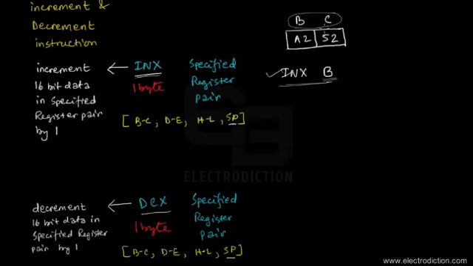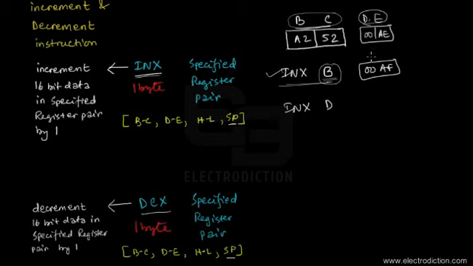Similarly, whenever we're working with the BC register pair, we write INX and then give B. If we were working with the DE register pair, and let's say the data was 00AE, and we wanted to increment it, we would write the instruction as INX D. If we write D, the 8085 understands that we're talking about the DE register pair, and the data in the DE register pair would be incremented to 00AF.